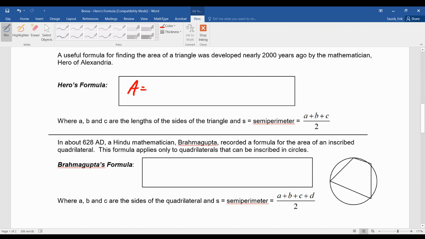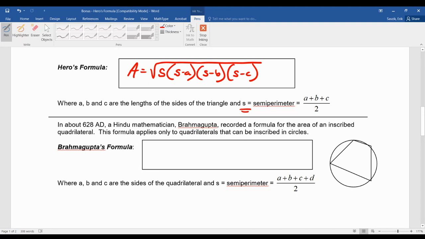Hero's formula is the square root of this long thing: S, and then S minus A, S minus B, times S minus C. S, you see here, is the semi-perimeter. So you add up the three sides, divide by 2, and then you're multiplying semi-perimeter times S minus A, S minus B, S minus C. We'll do a problem with that in a moment.